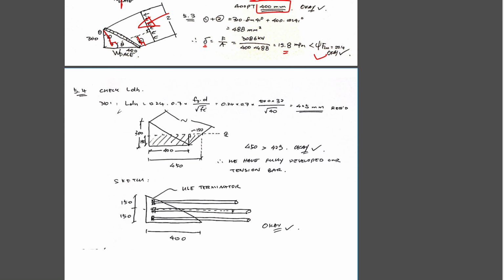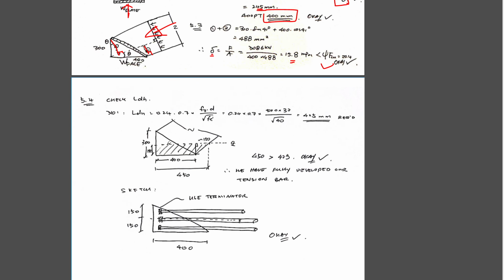Once we've got the geometry right, next step is to place the bars. We need to work out how to place the bars in here. First of all, we need a certain length of the bars to be developed, which is LDH.